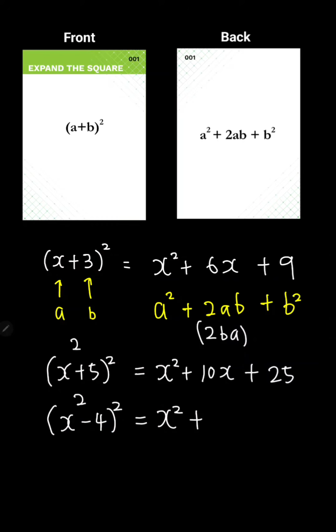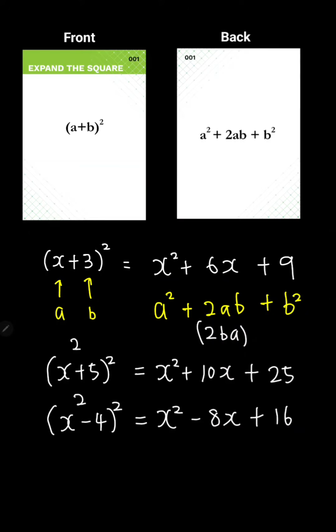Multiply x, so this one will be negative 8x. But normally I'm lazy to simplify plus multiply minus to get a negative, so I will straight away write negative 8x. Then lastly is negative 4 multiply negative 4, we get 16.